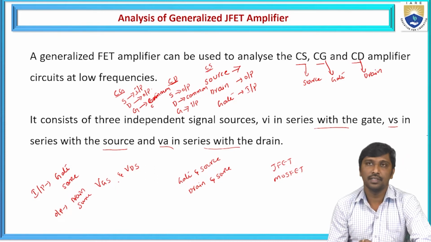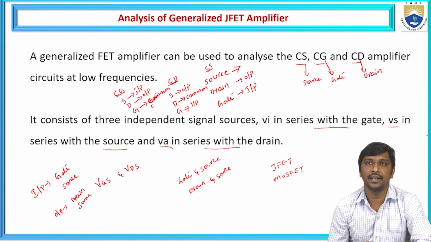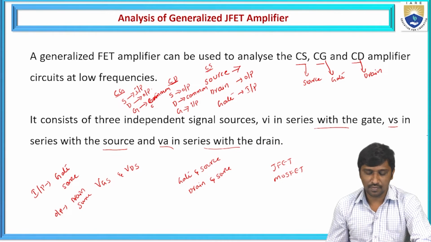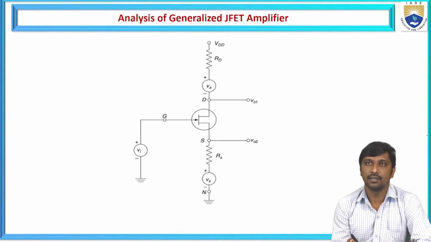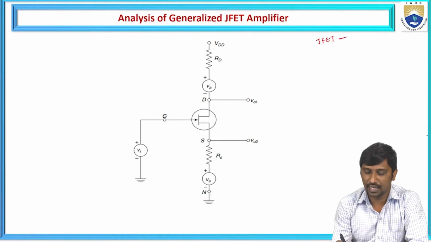Before going to this, we need to recall the principle and what type of biasing is required to allow conduction in a JFET. We know that JFETs are of two types: N channel JFET and P channel JFET. Here I consider the given JFET as an N channel JFET.